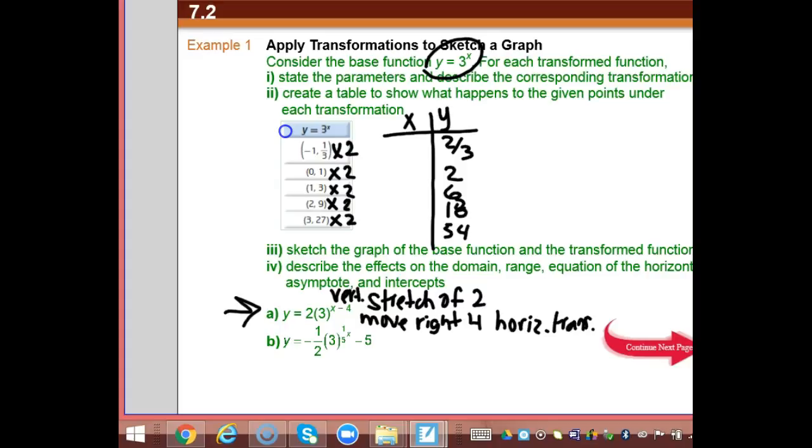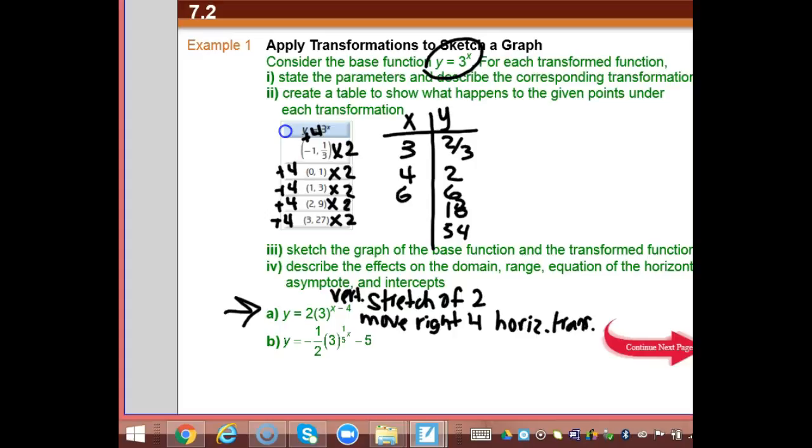And then it says we are going to move to the right 4. So that's like adding 4 to all of our x's. So minus 1 plus 4 is 3. 0 plus 4 is 4. 1 plus 4 is 5. 2 plus 4 is 6.